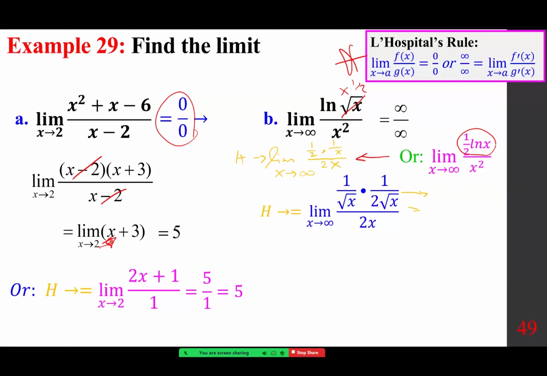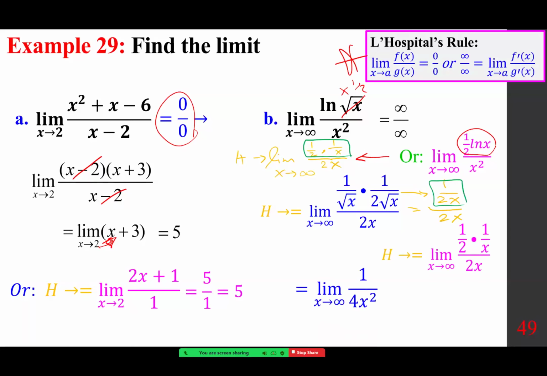The numerator is 1 over 2x, which is the same as that. Anyways, it's 1 over 4x squared, and so 1/2 times 1 over x if you go that route. And it's 1 over 4x squared, which results in 0.